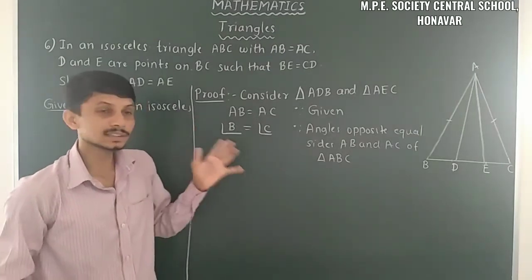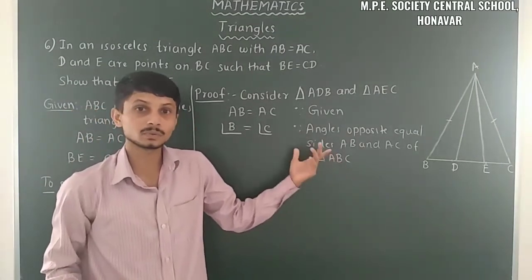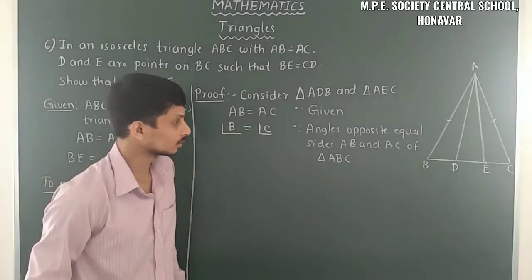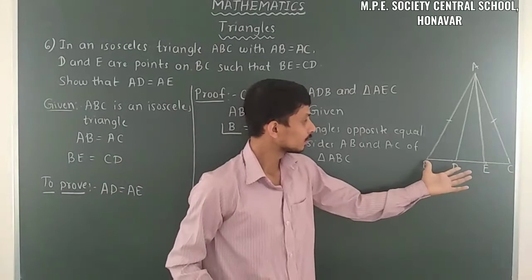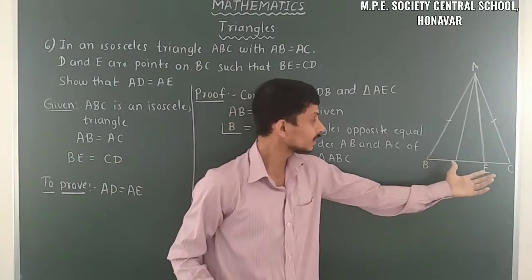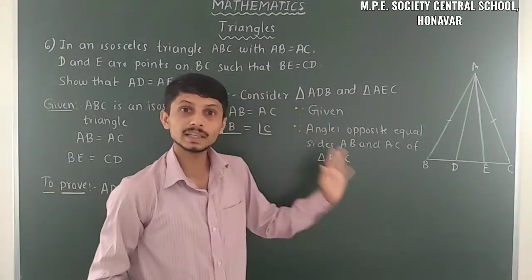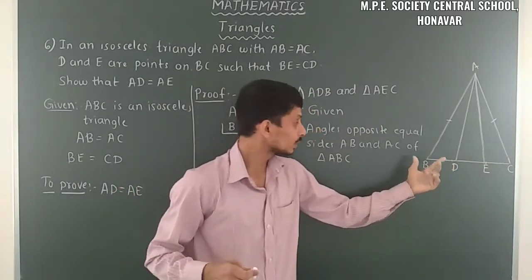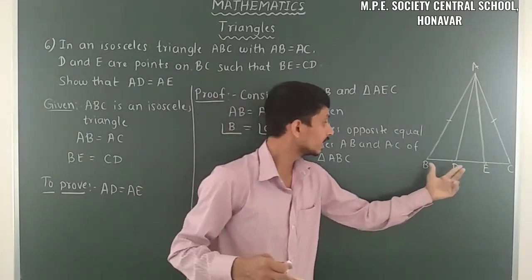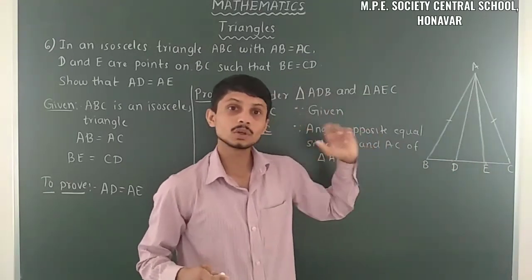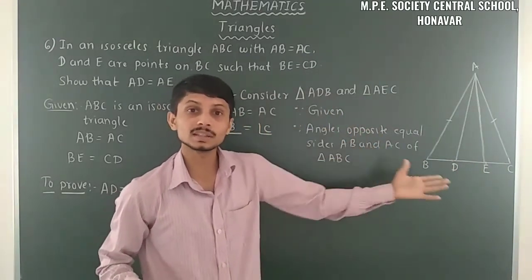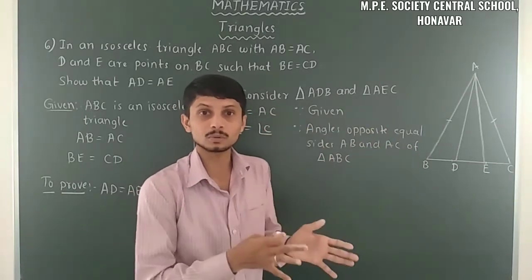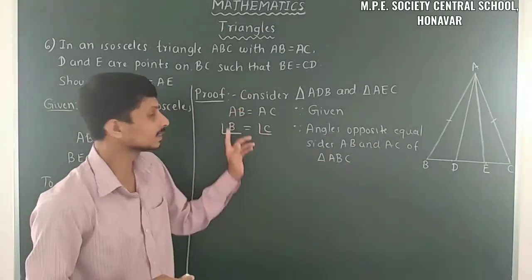Yes, so let us take any other equalities we have. Here just observe, we have BE is equal to CD. Whether it is possible to equate BD and EC, which are also corresponding parts of those two triangles. If it is equal, we can use SAS congruence.